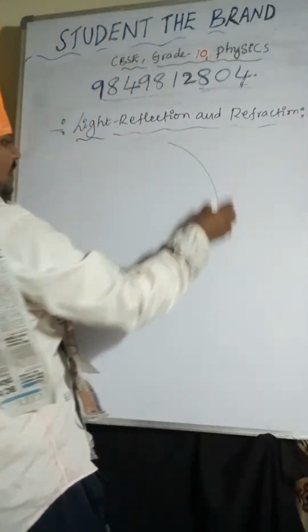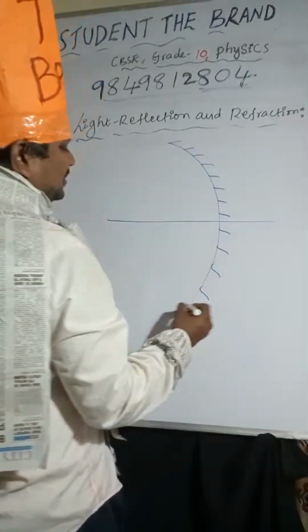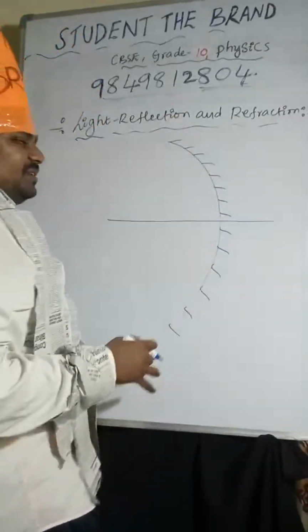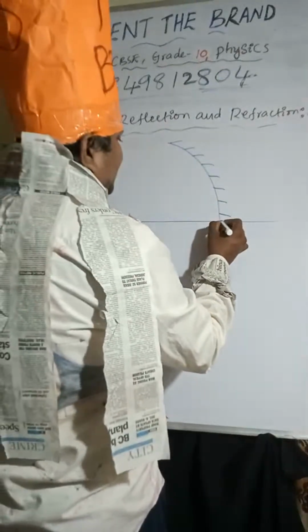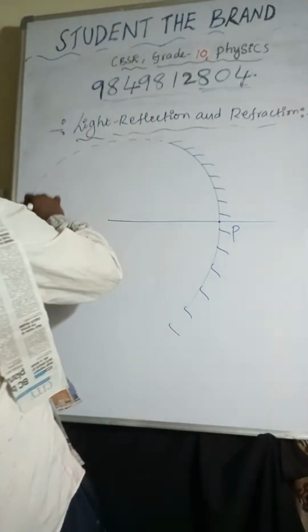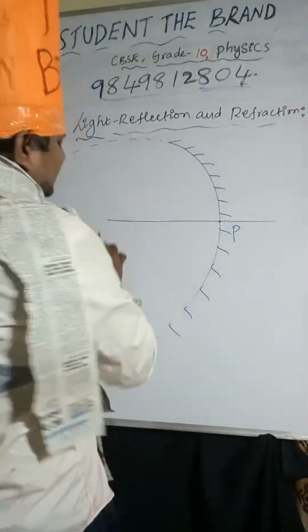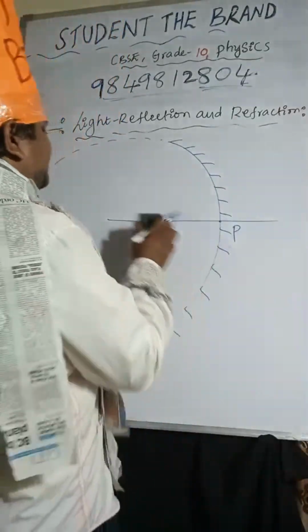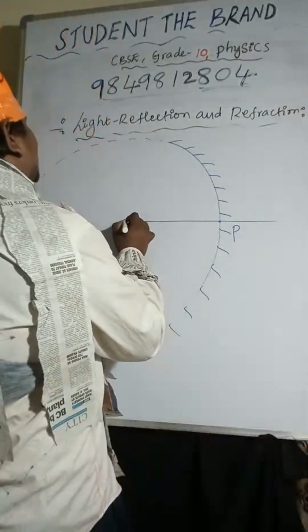Breaking news. I will explain it. Listen carefully here. I am considering a concave mirror. The midpoint of the mirror is called the pole. Actually, it is a part of a sphere. The center of the imaginary sphere of which the mirror is a part is called the center of curvature.